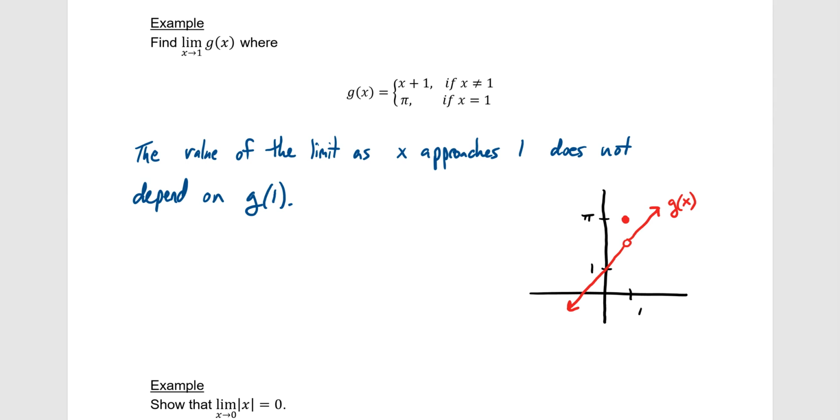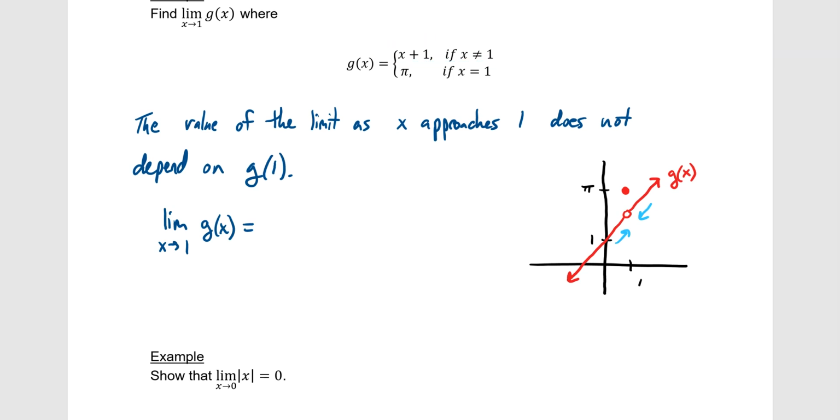If we graphed it, it would look something like this, where it is the line x plus 1, except when x equals 1, then it jumps up to pi real quick. So the limit, as x gets closer and closer to 1, is going to depend on everything except 1 in this case, which is the function x plus 1.